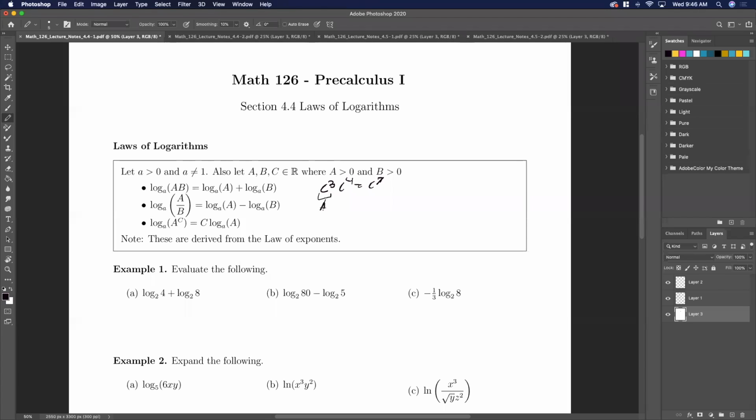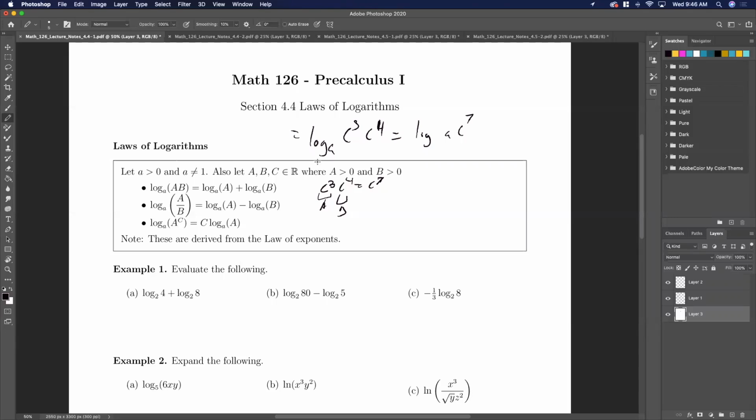So if I call this a and this b, log base a of c to the third times c to the fourth is equal to log base a of c to the 7th.